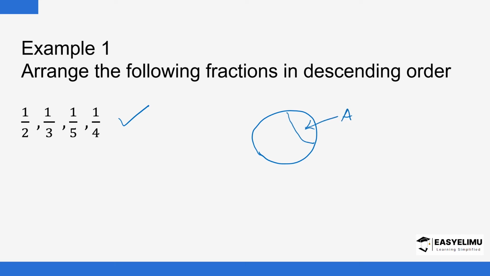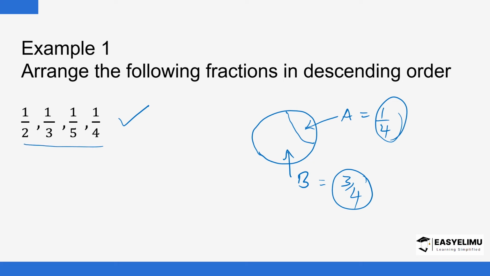A fraction represents part of a whole. So if this is part B and the other one is part A, you see part A is a smaller fraction. Supposedly A is represented by maybe a quarter, and this other one is represented by 3/4. So you see 3/4 is bigger, or greater, compared to a quarter.